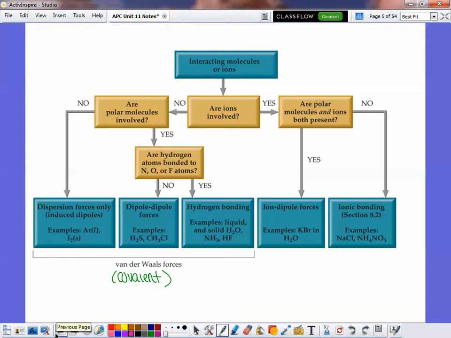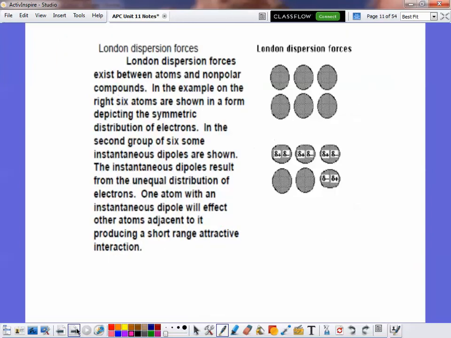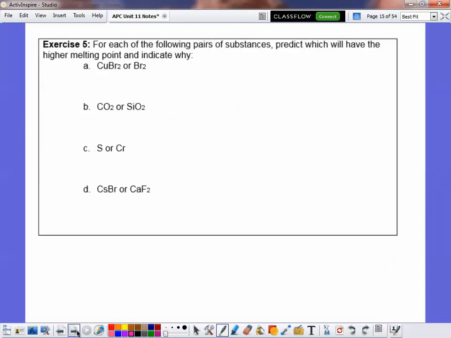The bottom row of this is increasing strength towards the right. Because when we were talking about the types of van der Waals forces, we talked about the strength, but we didn't really compare how that compared with ionic, but moving to the right is increasing strength. Where was I? Here I was.